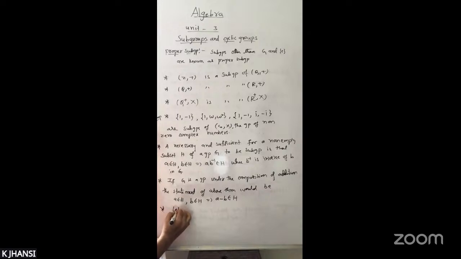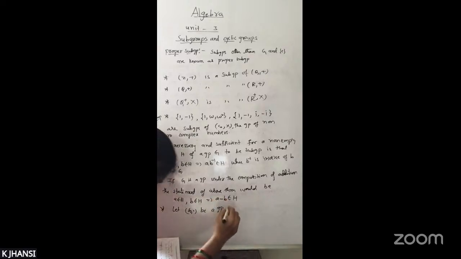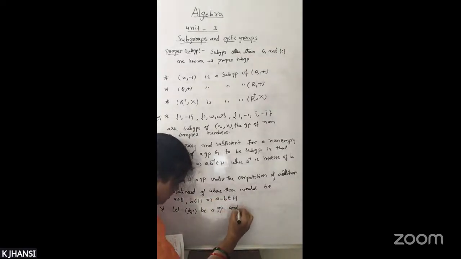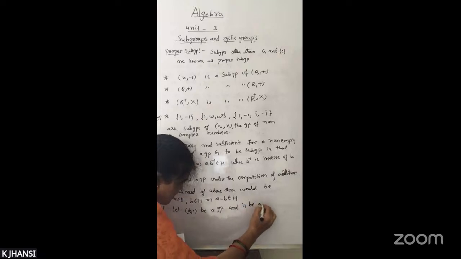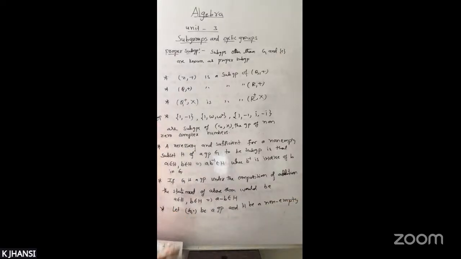Let G comma dot be a group and H be a non-empty finite subset of G.